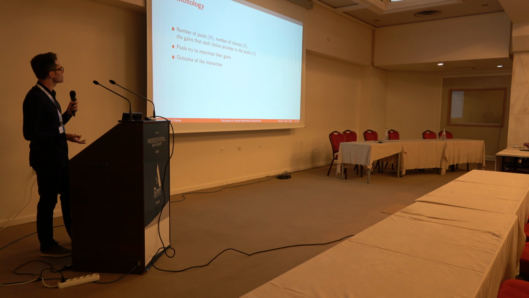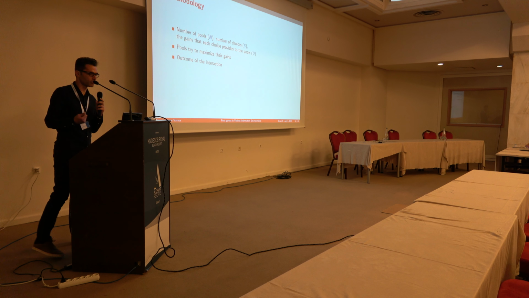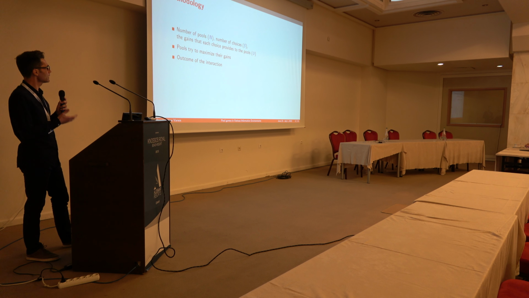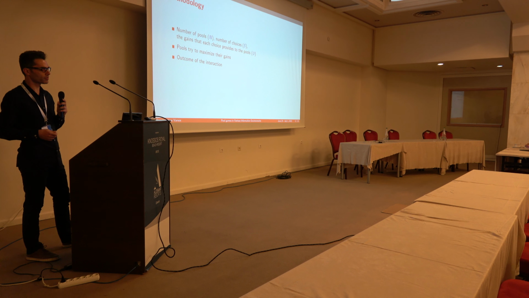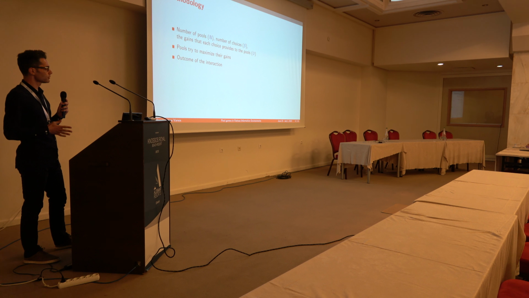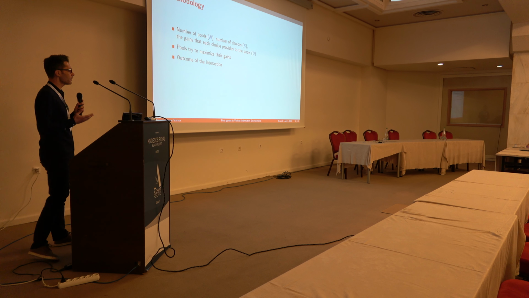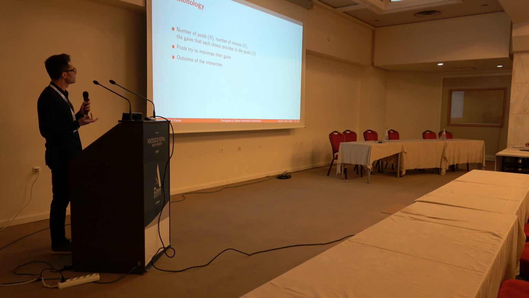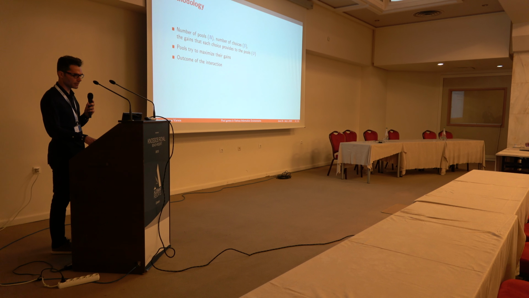In our methodology, we have the number of pools denoted by capital N, the number of choices that each pool has at its disposal denoted by capital S, and the gains that each choice provides to the pools. Here, each pool tries to maximize its revenues, its gains, and from our perspective, our goal is to predict the behavior of the pools during this interaction, meaning to compute the outcome of this game.